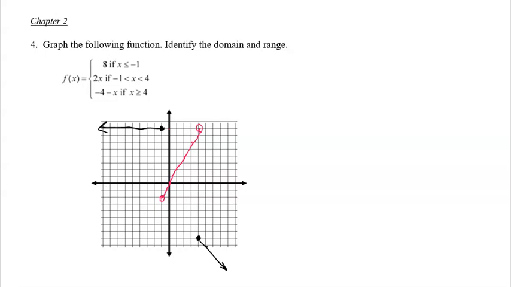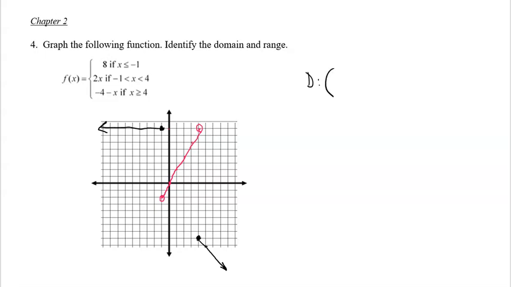Now I'm supposed to do the domain and range, and this will wrap it up. When you're trying to determine domain, look at all of your pieces and see how much of the x-axis would be covered. Well, it's covered from -1 to -infinity with that top piece. The red picks up there and goes to 4, and then the final piece starts at 4 and goes forever to positive infinity.